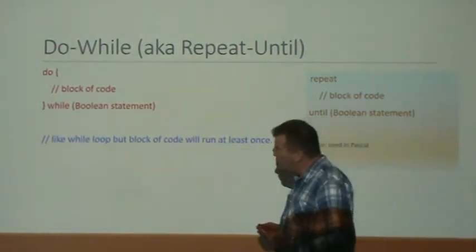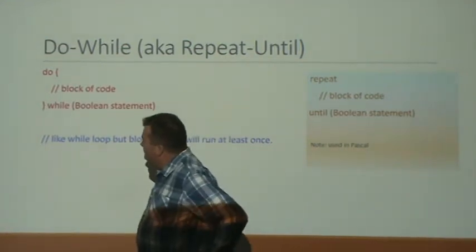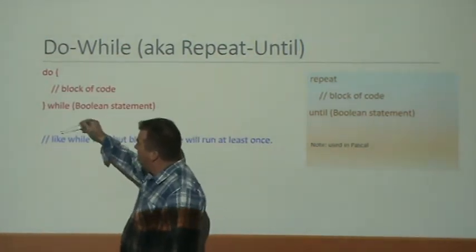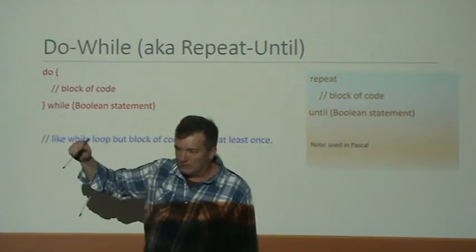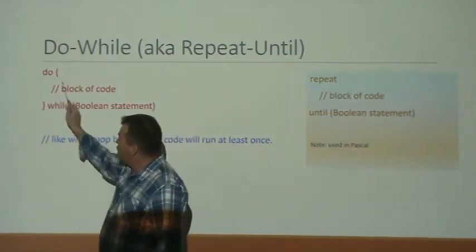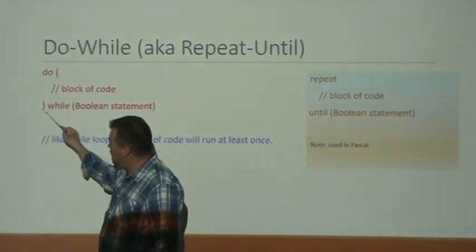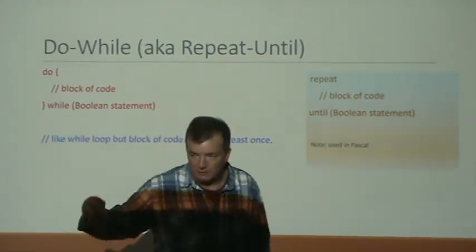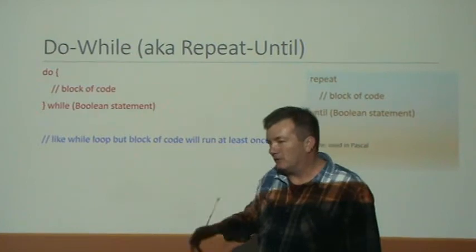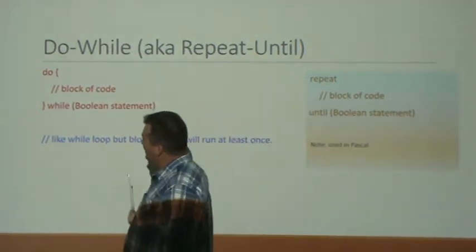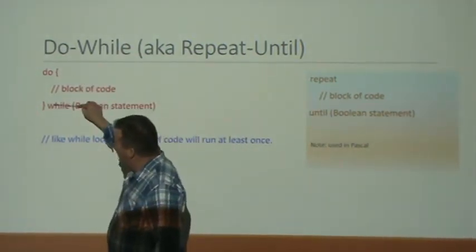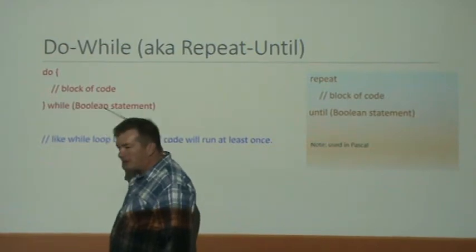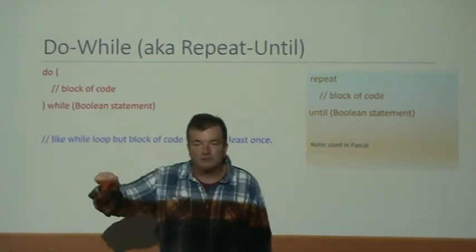So the way this loop would work is, instead of saying while at the top and having a Boolean expression, you say do, open brackets, close brackets, and at the end of the code in the loop, you check the Boolean statement. So basically you're saying run this code, and when it's done, check if the Boolean statement is true, and if it's true, run it again.